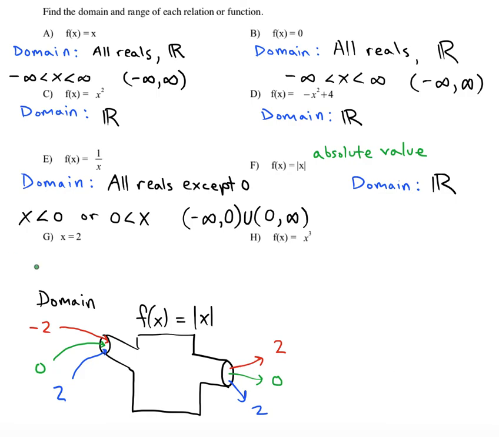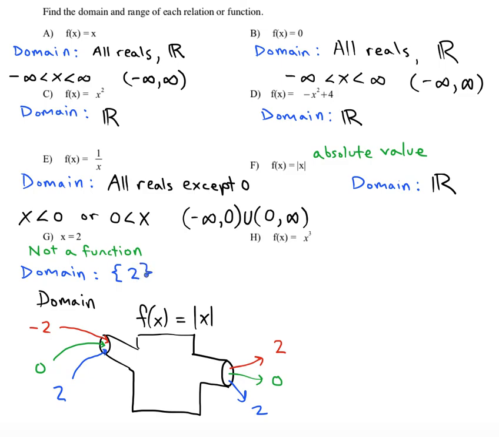All right, for this next one, x equals 2, it's worth noting that this is not a function. So I can't really use the machine analogy here. Instead, I'll just list the only x value that is possible for this relation. It's just a single number.